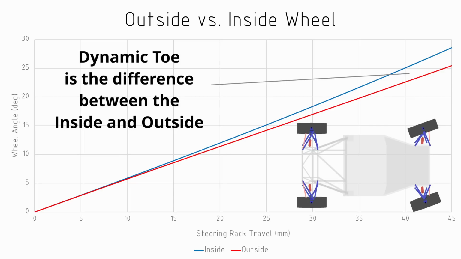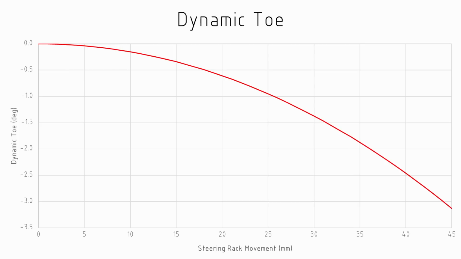Now, toe is just the difference between the two wheels. So if we take this graph that's got the outside and the inside wheels and instead plot the difference of that, we get this graph, the dynamic toe. And so this is the dynamic toe of that particular case with Project 171 versus the steering rack movement.